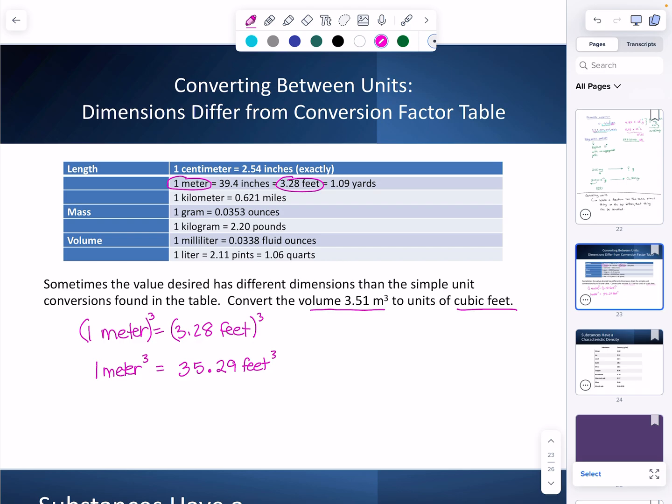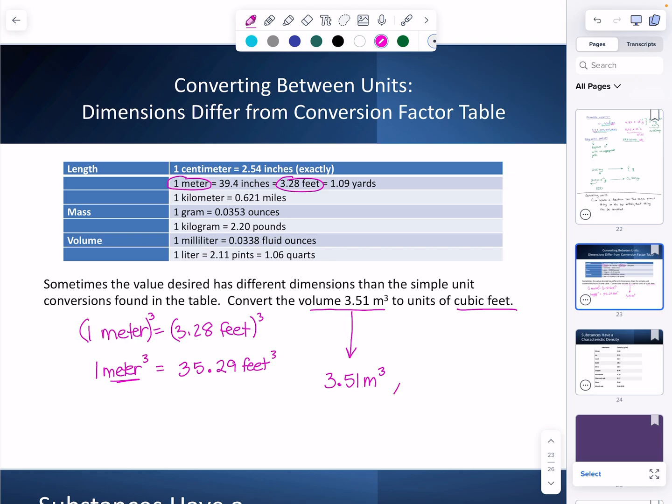I'm going to take my number, 3.51 meters cubed. Is everybody good with that? M to the 3 is the same as meters cubed? All right.